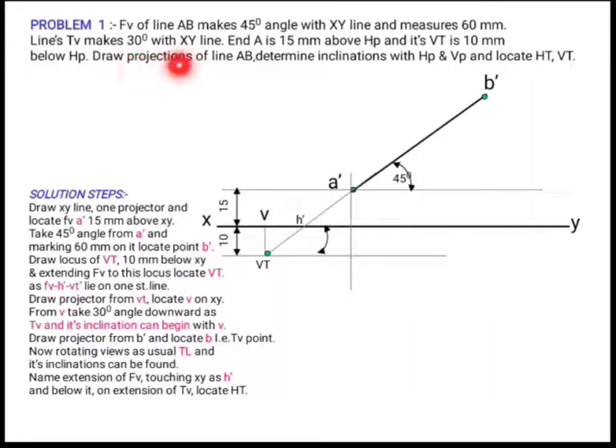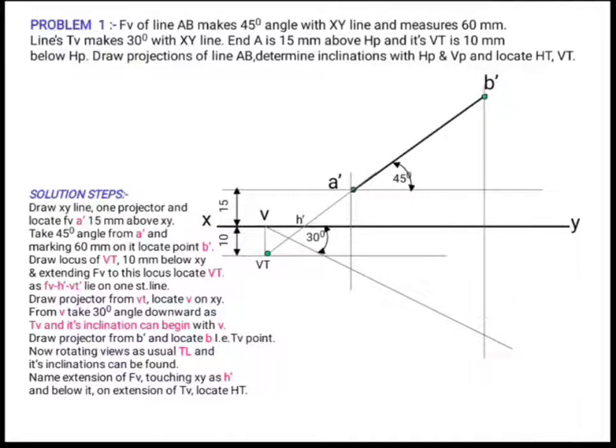Top view of the line makes 30 degree with the XY line. The inclination beta is given. So I can mark angle beta at V as 30 degree and I am drawing a line through V which will pass through the plan.